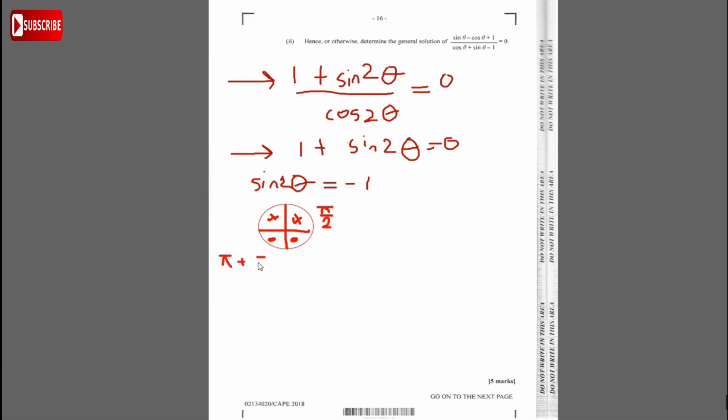And the angle in the fourth quadrant is going to be 2 pi minus pi by 2. Those are the angles in the quadrants. They didn't give me degrees or radians, and so I'm going to stick to radians. Pi plus pi by 2 is 3 pi by 2.